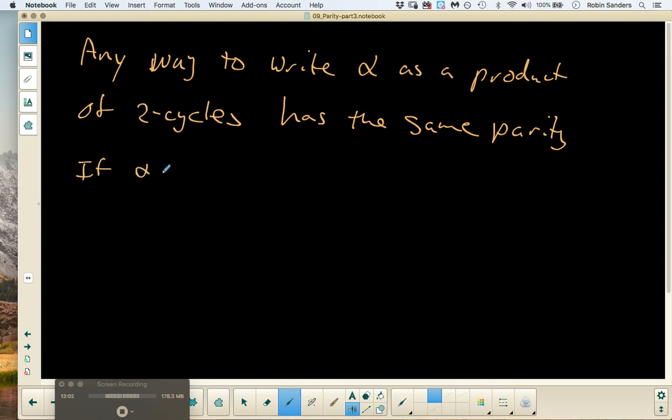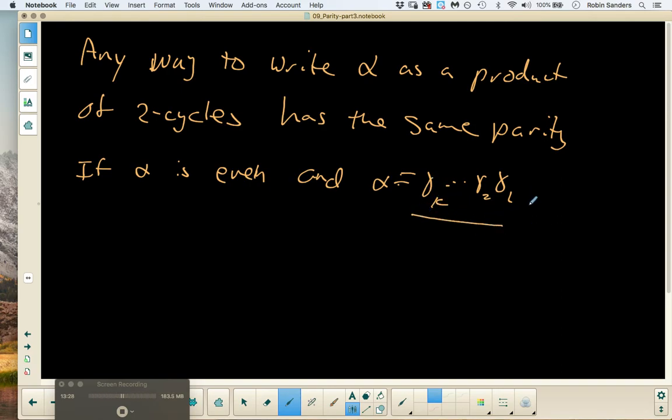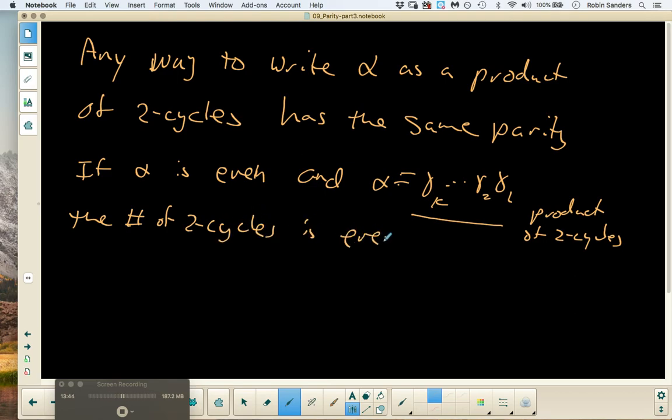If our permutation is even, and if alpha is written as gamma 1, gamma 2, all the way up to gamma k, that is any product of two cycles, then the number of two cycles in the product is even.